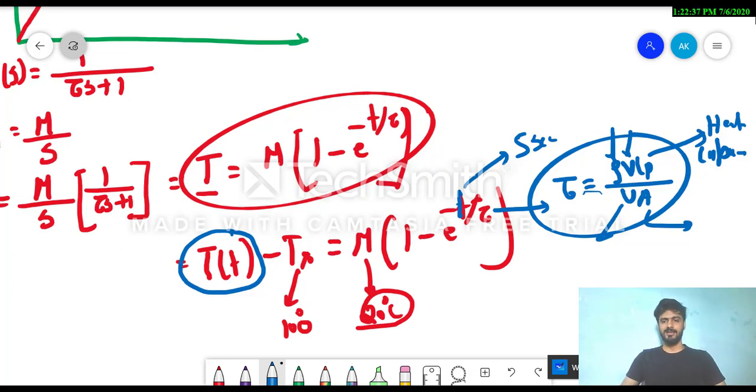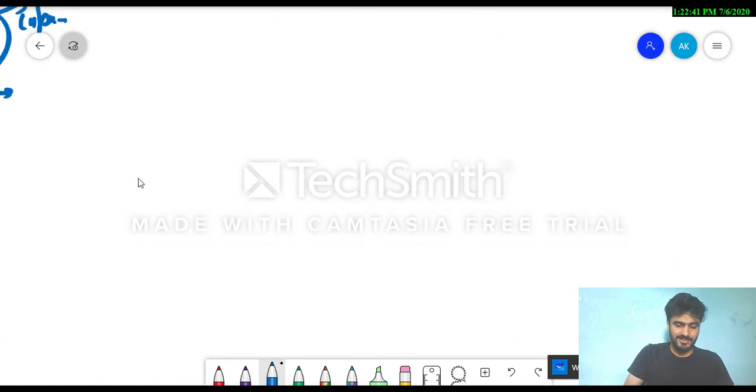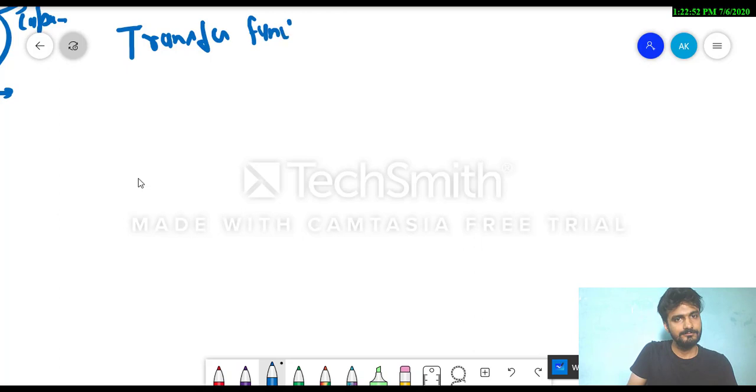Now the second transfer function that I am going to derive and discuss here is the transfer function for a continuous stirred tank reactor, CSTR.